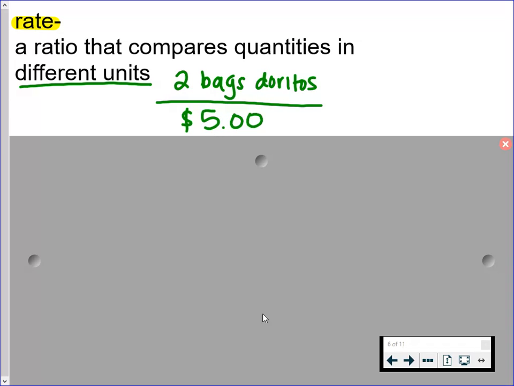It said you can buy 2 bags of Doritos for $5. Or I can buy 4 12 packs of pop for $12. True story. A lot of times you can buy 4 for $12. So I'm comparing 2 different things. I'm comparing Doritos to money and packs of pop to money. Different things.